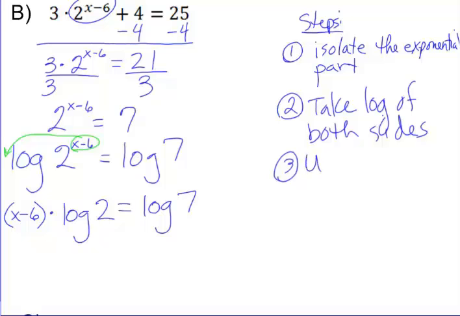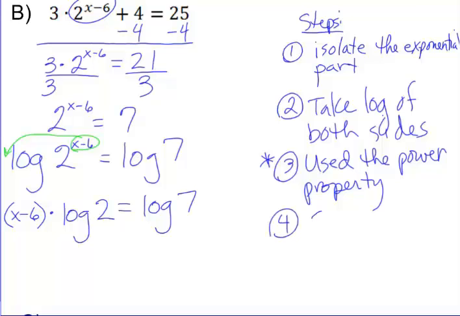So then we used the power property. Okay, and this could change, the properties that you need to use for solving. It varies from problem to problem. Here we use the power property, or it could vary. And then we're going to solve for x, now that x is out of the exponent.